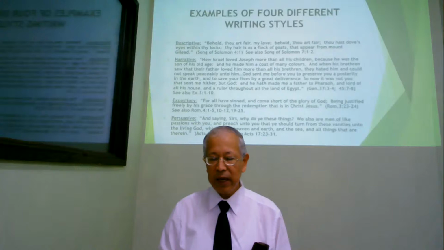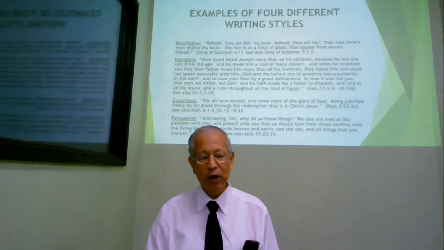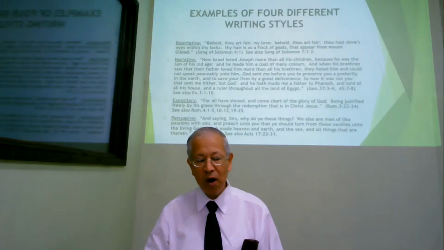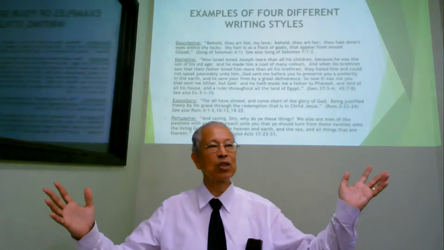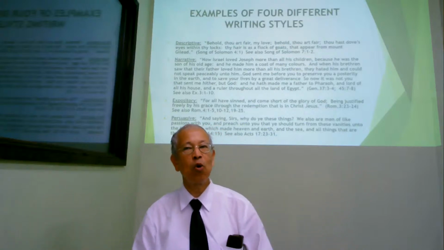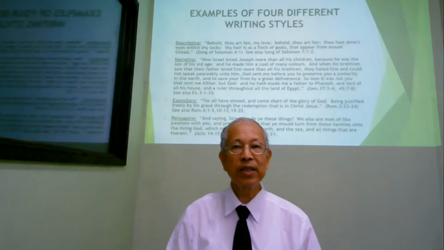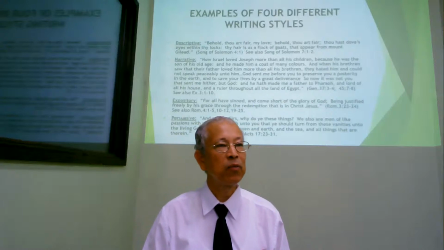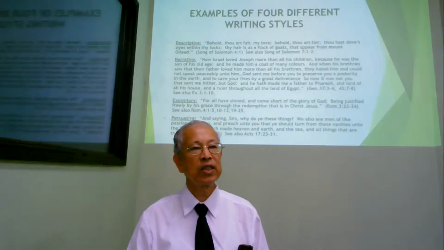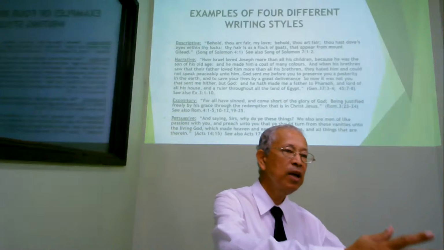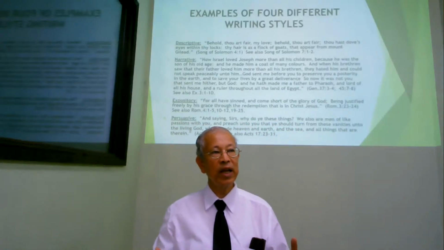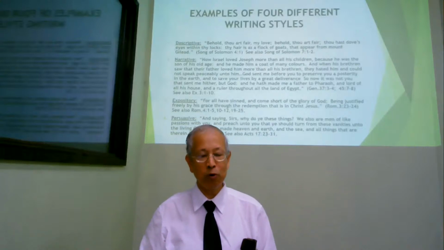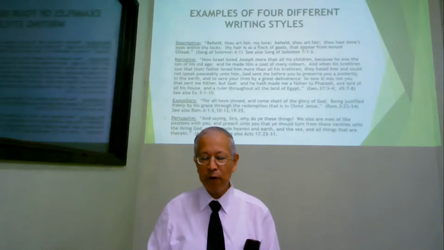Okay, so he describes her as having dove's eyes within her locks. Thy hair is as. Now, when you see the word as or like, that is a device called simile, in which you're showing similarities between one thing and another. Behold, thy hair is as a flock of goats that appear from Mount Gilead.